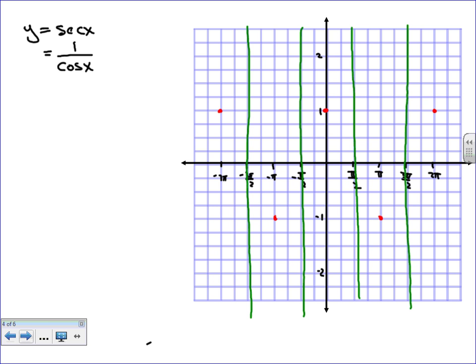Since the cosine is a transformation of the sine, then the secant is a transformation of the cosecant, and we know what that graph looks like, so we can just draw in the rest of the secant graph using the prior knowledge we had. I'm just drawing that one branch of it because I'm not going beyond 2 pi.